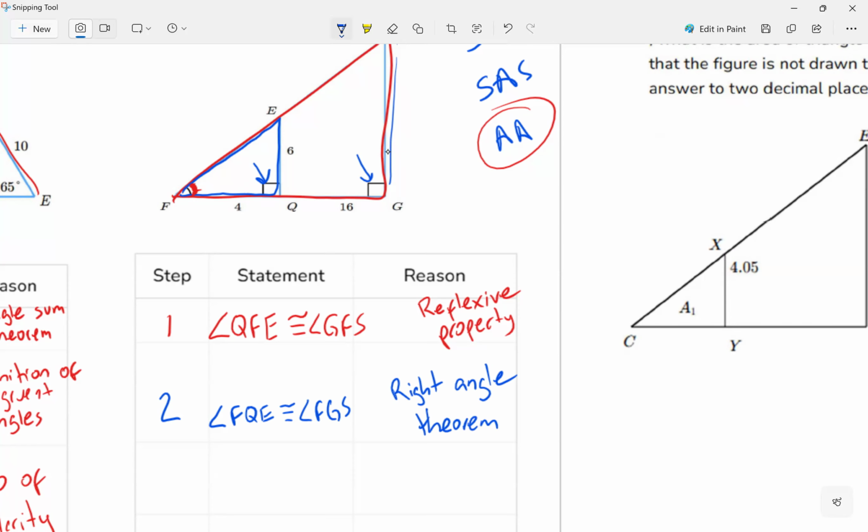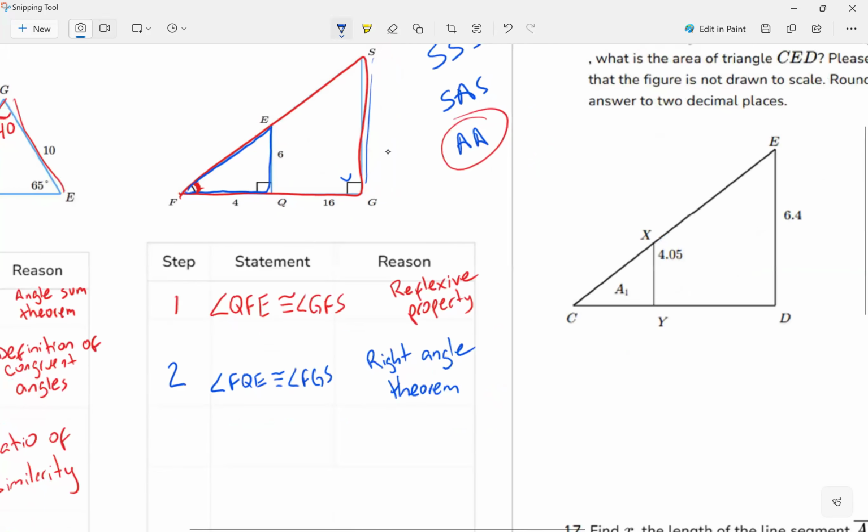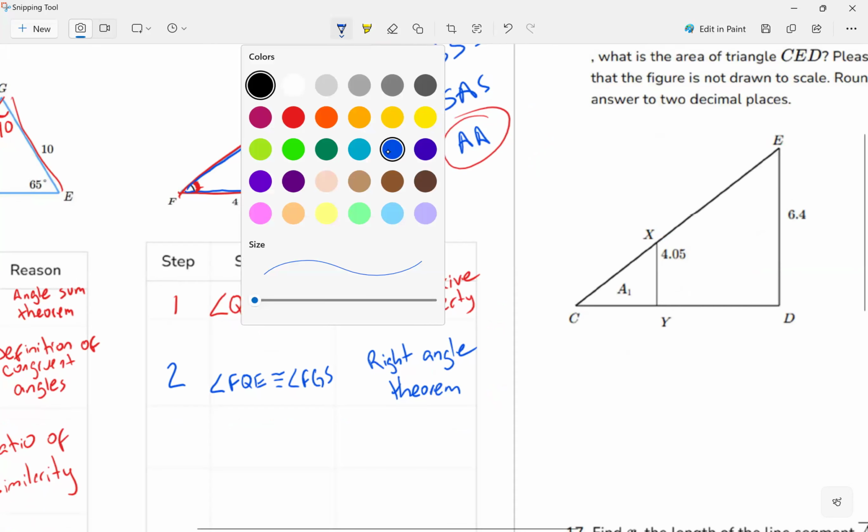Basically, if one angle is a right angle, then the other is a right angle, so they have to be equal. Good. So now I have two angles from the small triangle equal to two angles on the big triangle.